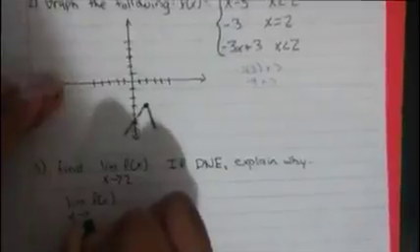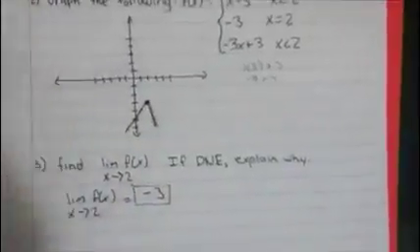So as we get closer and closer to 2 on both sides, our limit would be -3. The limit of f of x as x goes closer to 2 is -3. So we don't have to explain why.